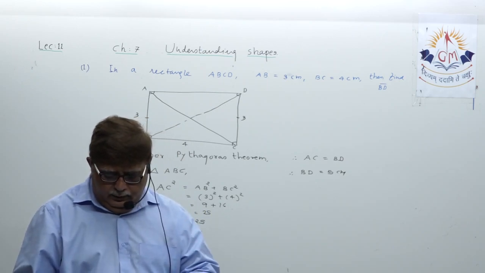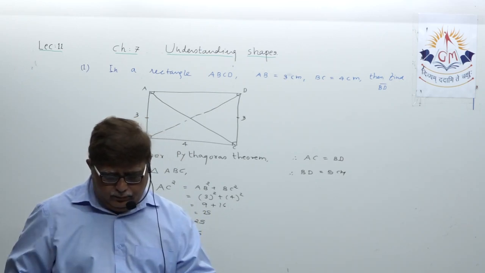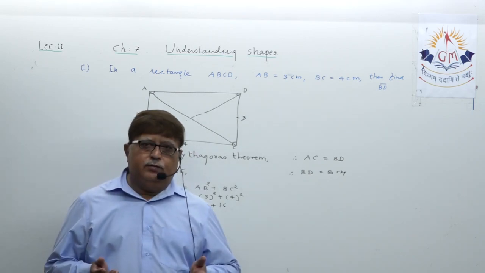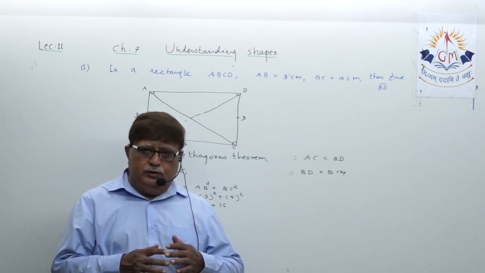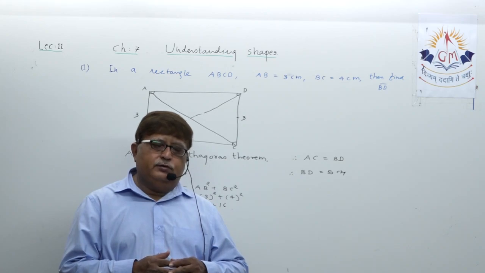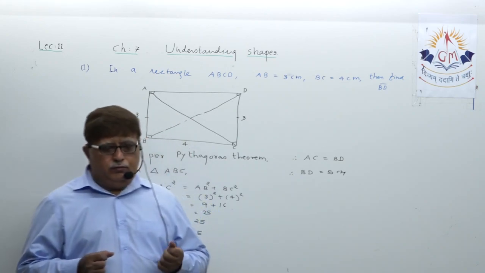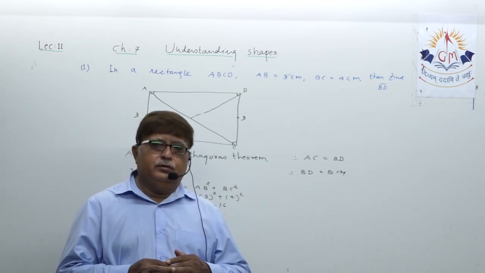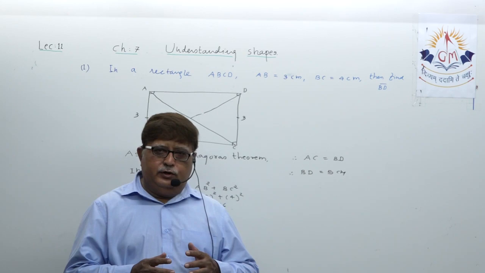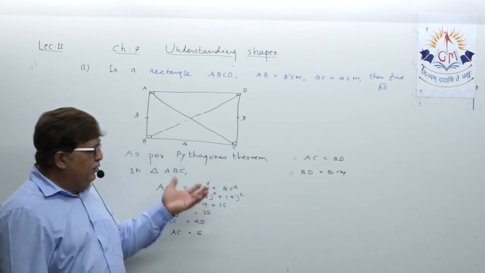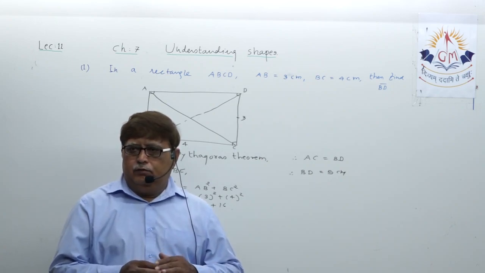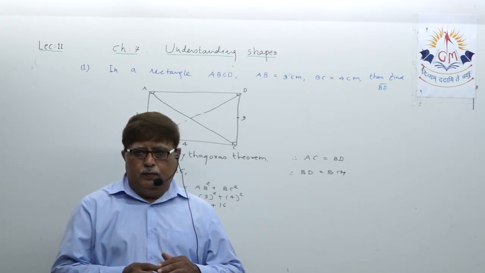Okay. So dear students, in today's lecture, as our target was to study in detail, before we end the lecture, have a summary of the lecture. Our target was to explain to you regarding rectangle, its property, theorem, and some simple application of those properties in solving one example.